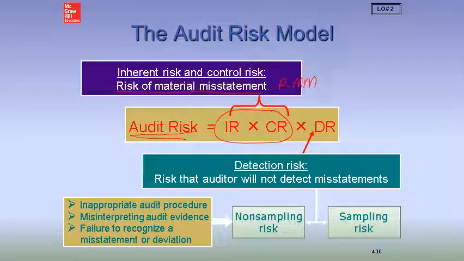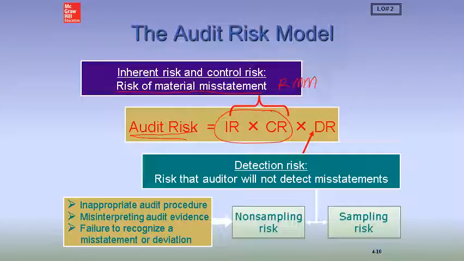For example, cash tends to have a high inherent risk. Transactions that are susceptible to significant estimates tend to have a high inherent risk. Unusually complex transactions, if our client has derivatives, is going to be subject to a high inherent risk. So we look at those inherent risk factors.